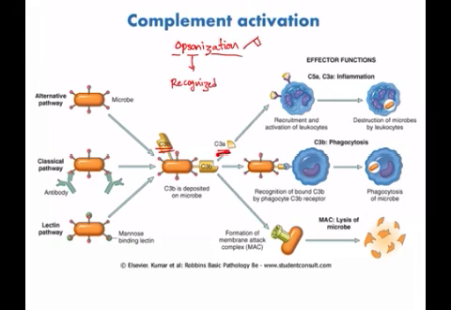Once they bind there, a fragment, complement C3a, is released from this attached complement, and this C3a would then go and call the neutrophils. This leads to recruitment of more neutrophils, and they ultimately come and detect these pathogens, engulf the pathogens and kill them.